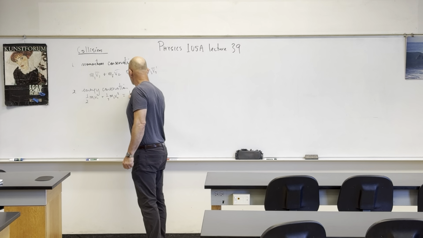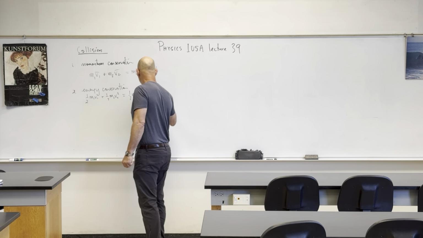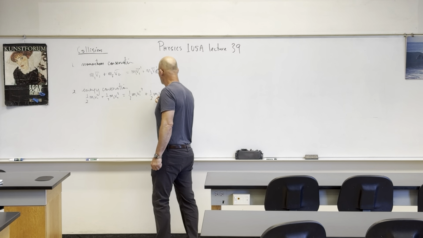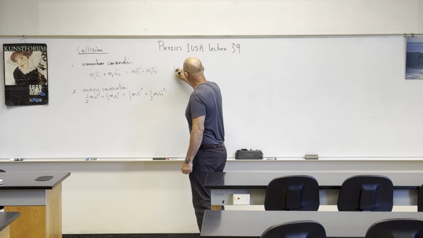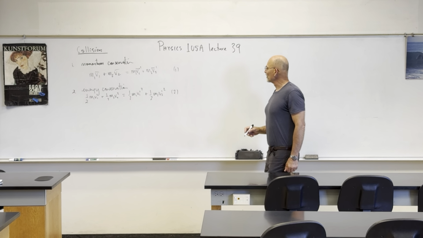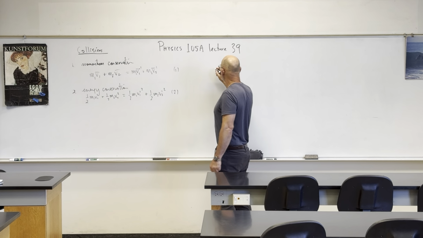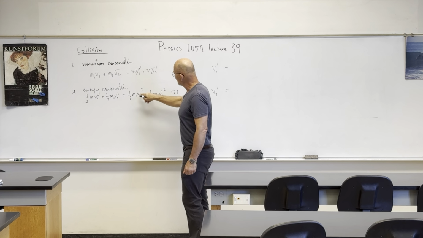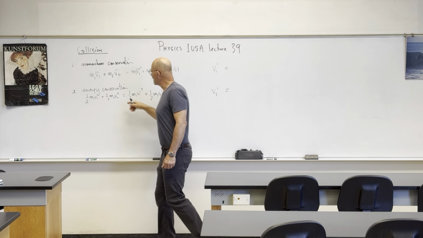So one half m1 v1 squared plus one half m2 v2 squared equals one half m1 v1 prime squared plus one half m2 v2 prime squared. We had to solve these two equations, and we did. And we ended up with v1 prime and v2 prime, so we found these final velocities in terms of the initial ones.